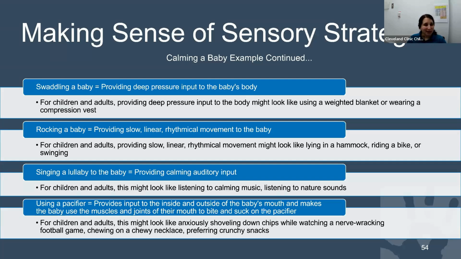Singing a lullaby to your baby, that is that calming auditory or sound input. So for an adult or for your child, that might look like listening to calming music or listening to nature sounds. For a baby, giving them a pacifier or their bottle all involves input to the kiddo's mouth, and specifically the newborn using the muscles and joints of the mouth.